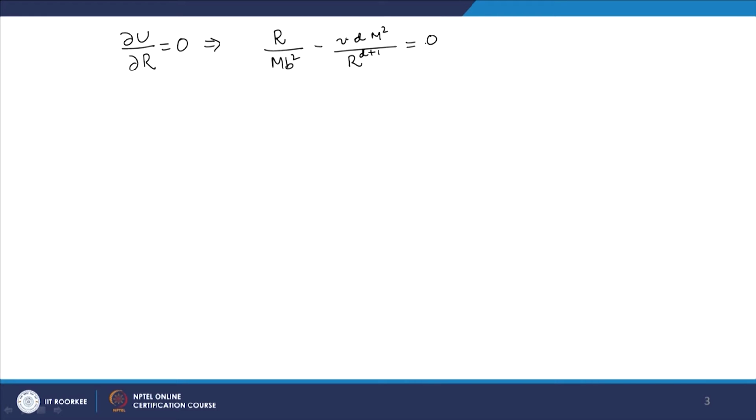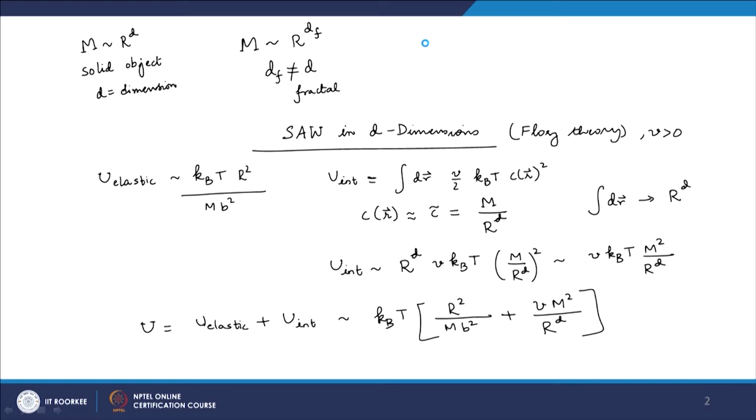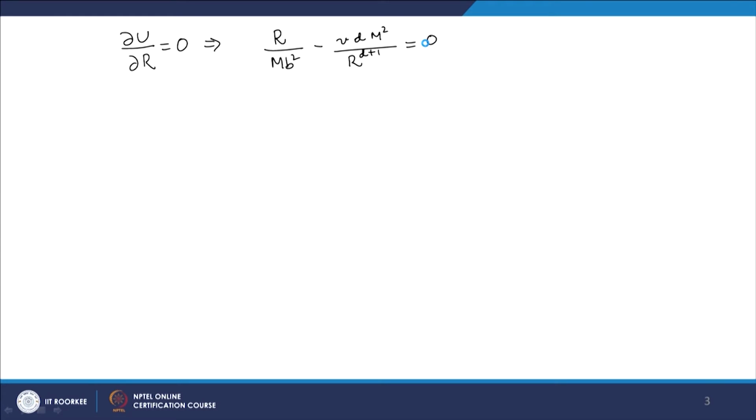So, we have this, and using that we can get r to the power d plus 2 scales like v and m to the power 3, and so we get r scaling like v to the power 1 by d plus 2 m to the power 3 by d plus 2.